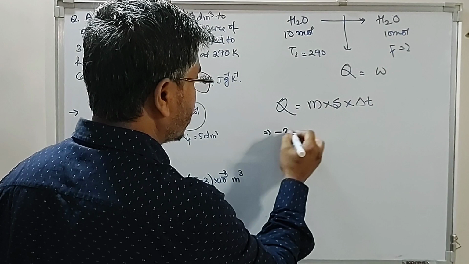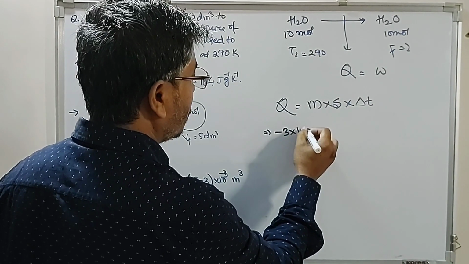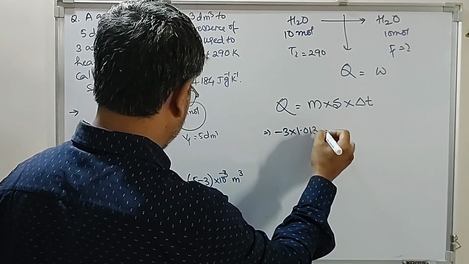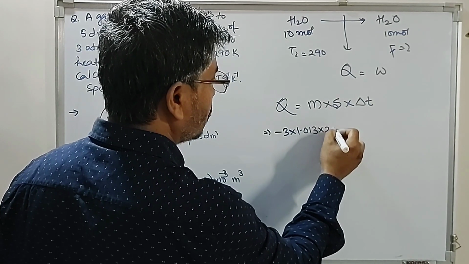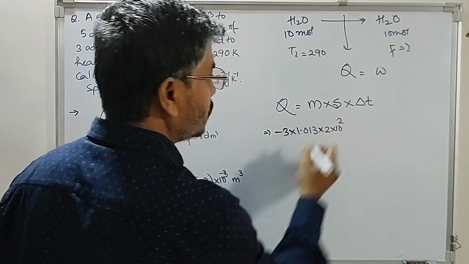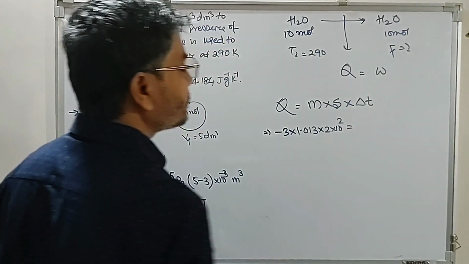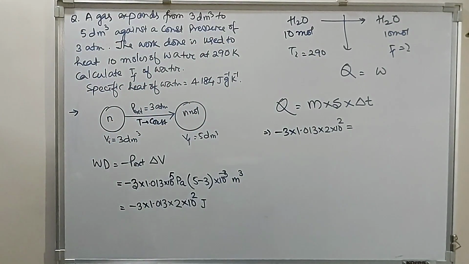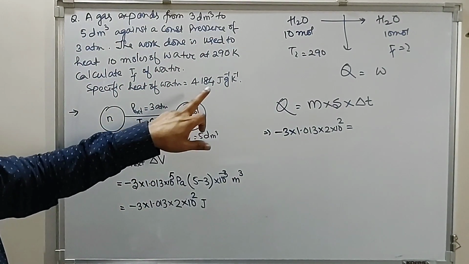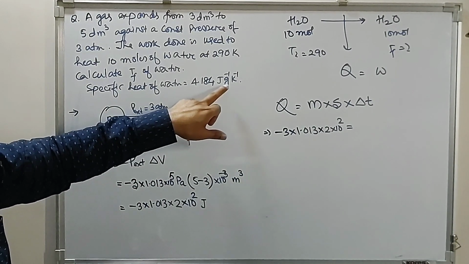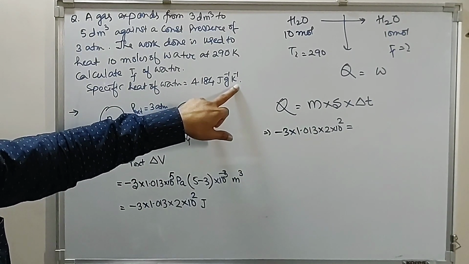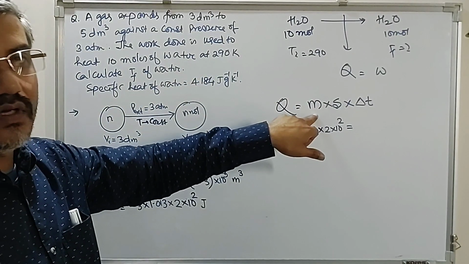So Q is equal to this value, minus 3 into 101.3 into 2 into 10 to the power 2 joule. The specific heat is defined as joule per gram, so we have to express 10 mole in terms of gram.